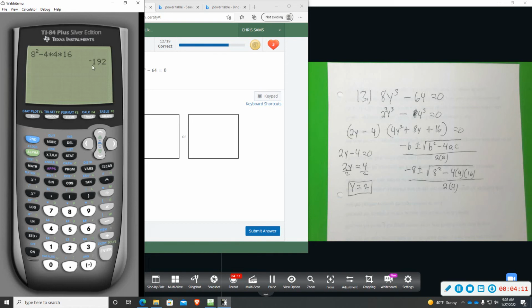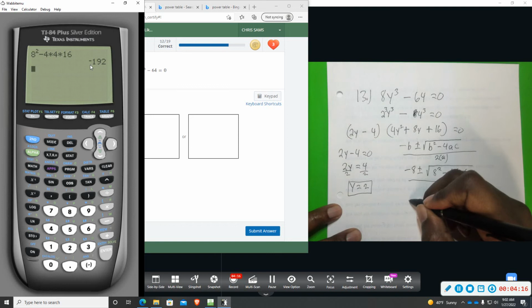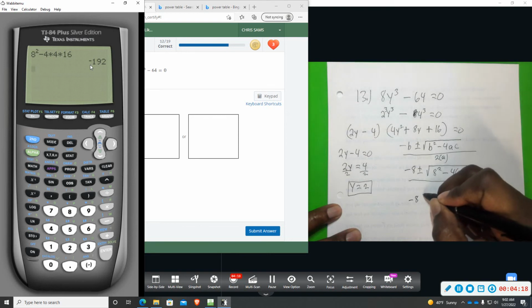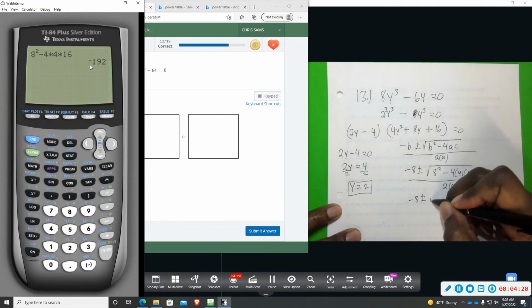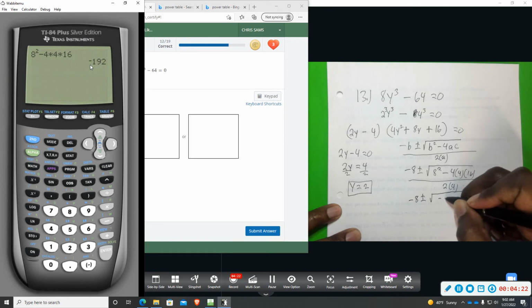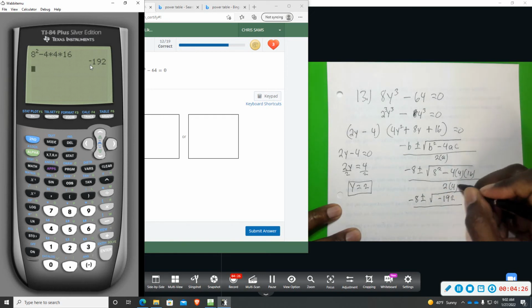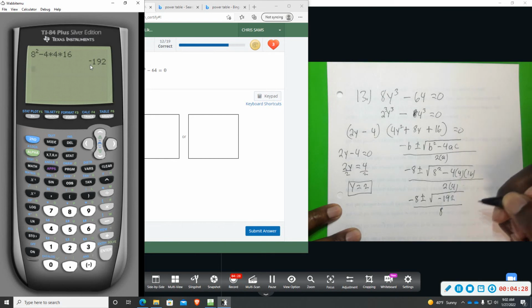So I get a negative 192 under the square root. So I have negative 8 plus or minus square root negative 192 all divided by 2 times 4, which is 8.